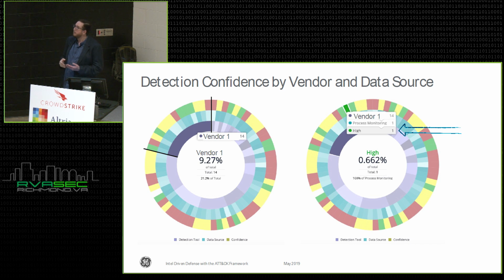So by identifying what your tooling is able to see, it will also help to identify any gaps that you may have. And it can also be used when you're evaluating new detection platforms.